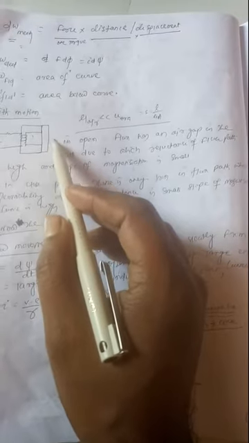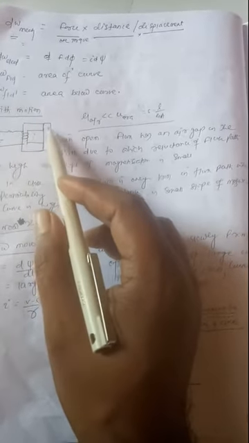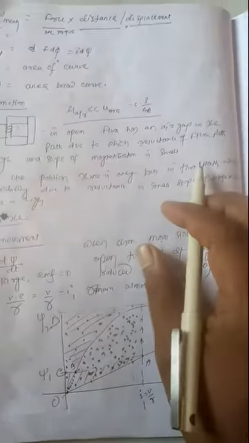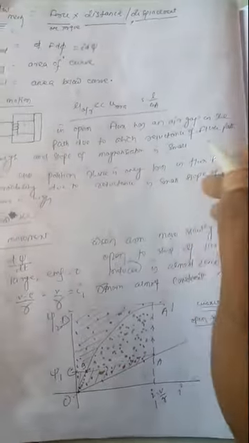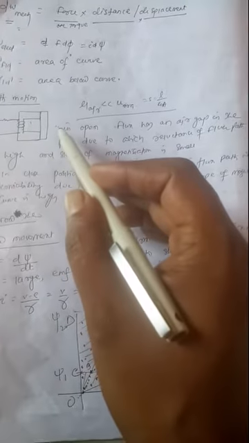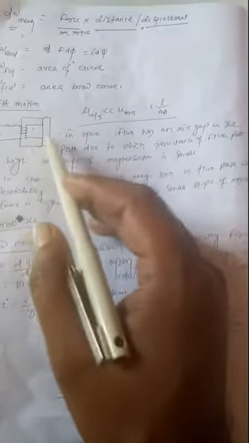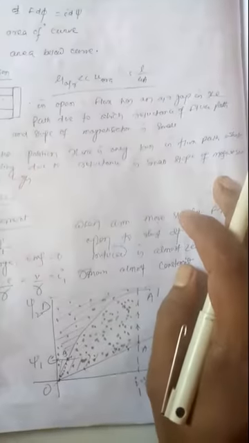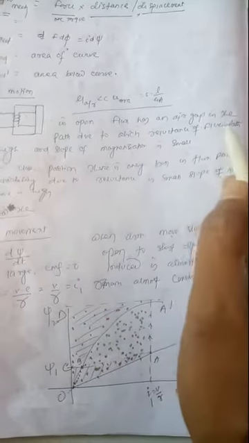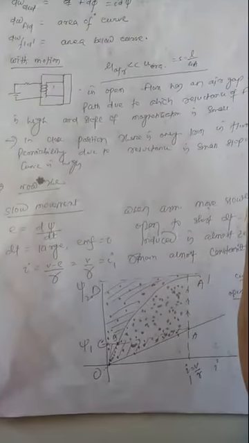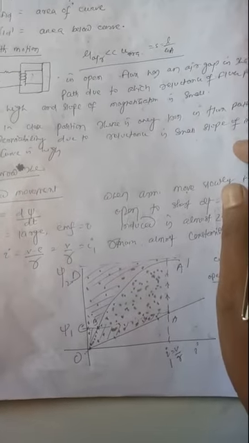When we applied the external force to hold the armature, an air gap was produced, which offers a high reluctance path to the flux. Now the external force is removed, the magnetic circuit is closed, and there is no air gap. Often the flux has an air gap in the path, due to which the reluctance of the flux path is very high and the slope of the magnetization curve is small.